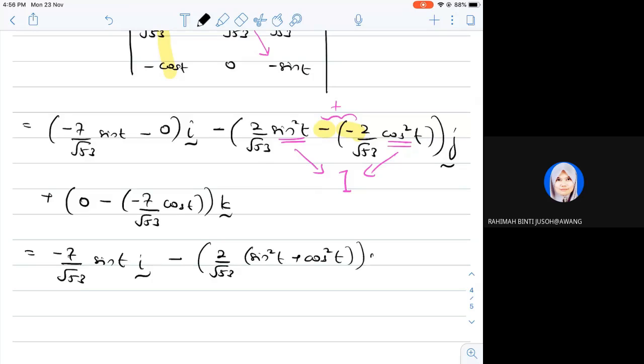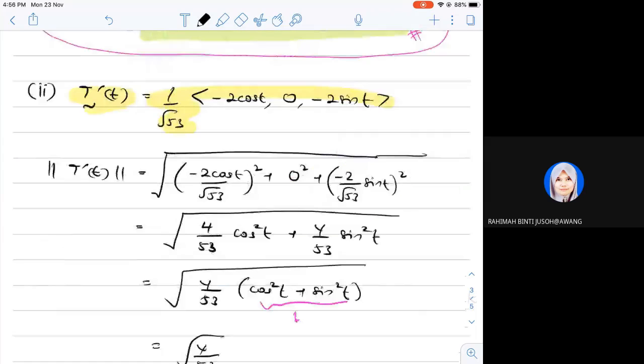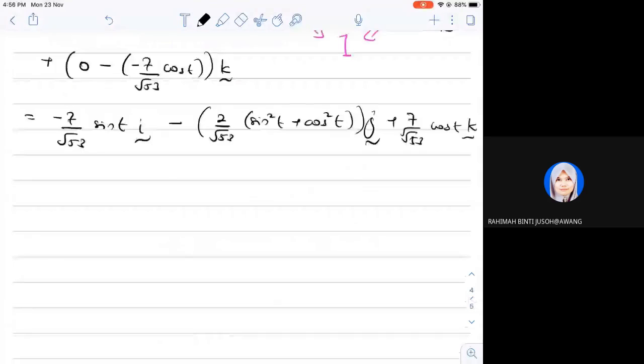J. And then plus, negative, negative becomes plus 7 over square root of 53 cos t, K. Okay, and this is equal to 1.